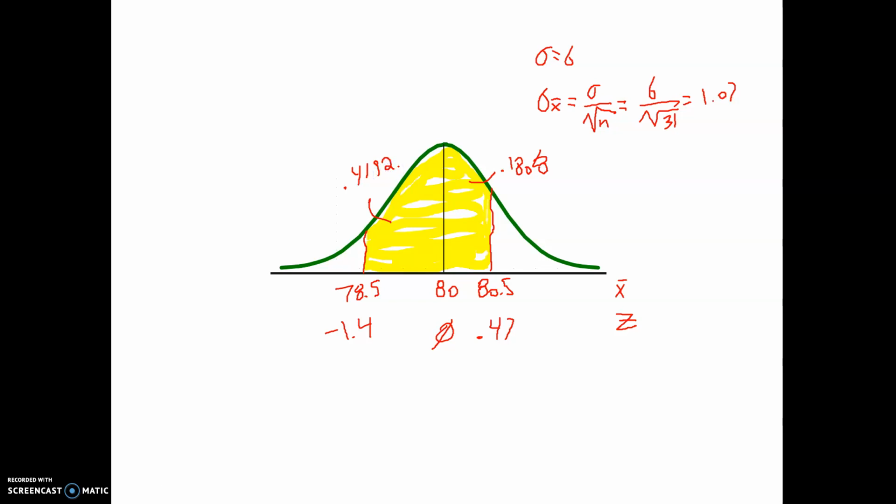Okay, now you take the 0.4192, which is this area, and you add to it the 0.1808, which is this area, and you will get a total of 0.6. So this is your answer. The probability of getting a z value between negative 1.4 and 0.47 is 60%. Similarly, the probability of getting a value from 78.5 to 80.5 is the same.